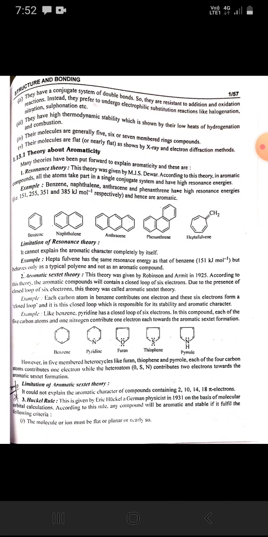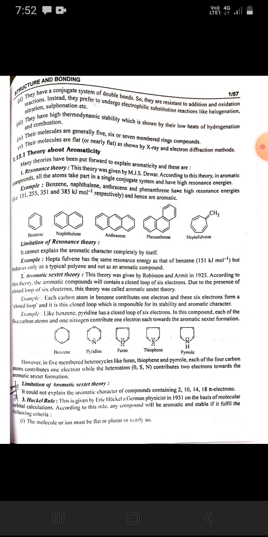They have a conjugate system of double bonds, so they are resistant to addition and oxidation reactions. Instead, they prefer to undergo electrophilic substitution reactions like halogenation, nitration, sulfonation, etc.